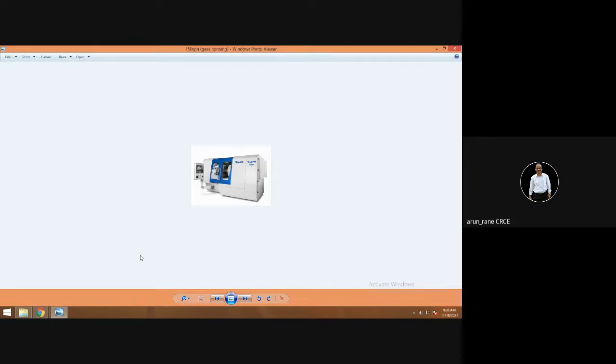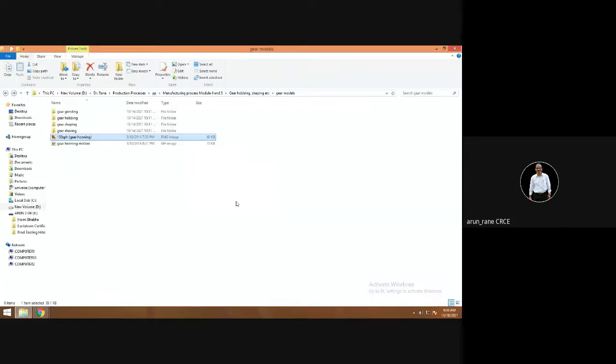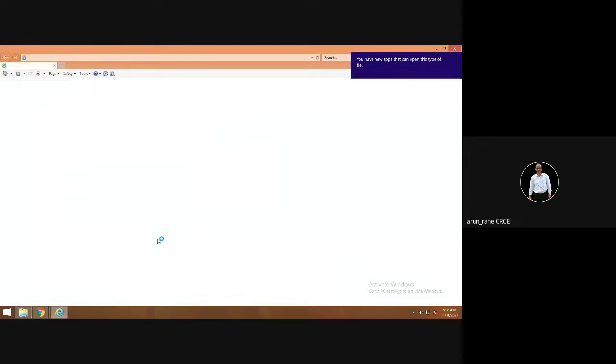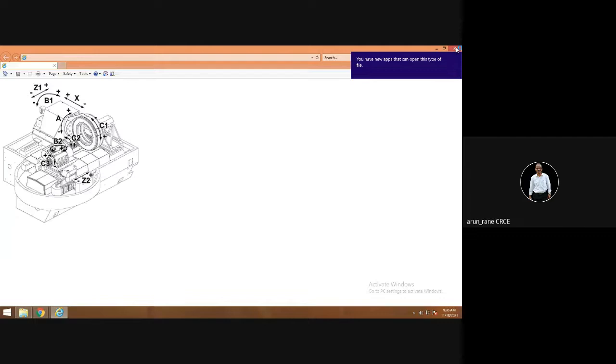Because of that hardness and the lapping powder, it finishes the gear. Again, normally nobody goes for the gear honing machine because it is very costly, and from a maintenance point of view it is complex.